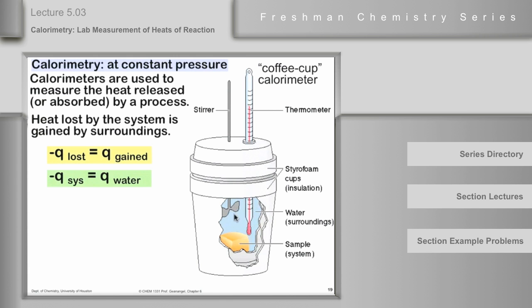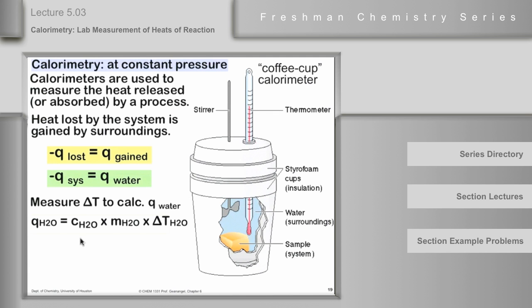and Q of the water is given by the 4.184 joules per gram Kelvin, the specific heat capacity of the water, times the mass of the water inside here, and times the temperature change of the water, which of course you measure with the thermometer. So what you would do is measure everything before we put the zinc in, and that would give you T initial of the water and the mass of the water, and of course you know what C of the water is.